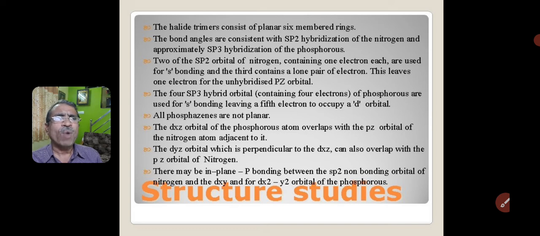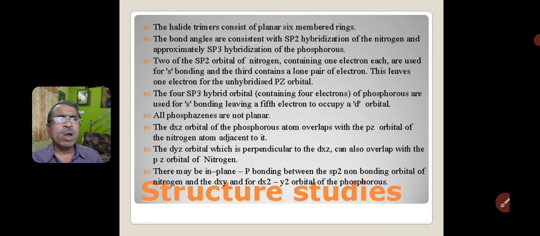This leaves 1 electron for the unhybridized pz orbital. The 4 sp3 hybrid orbitals of phosphorus are used for sigma bonding, leaving a 5th electron to occupy a d orbital, maybe the dyz or dxz orbital. Why is it yz or xz? Because the p orbital is the pz orbital. All phosphazenes are not planar.